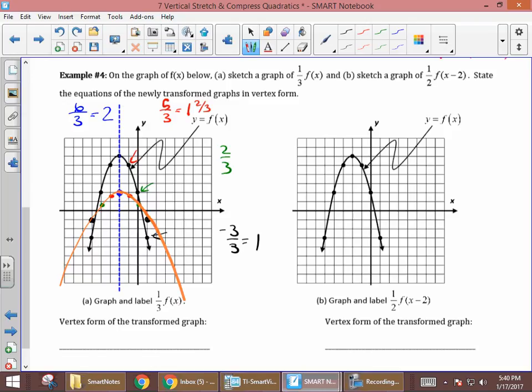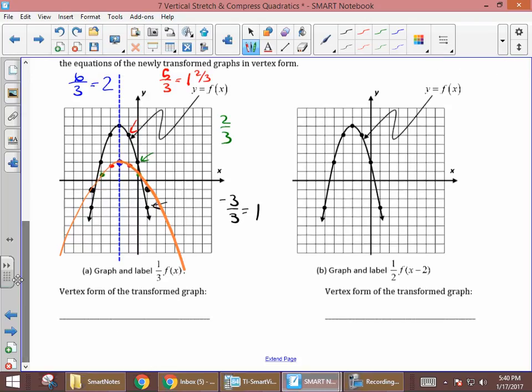All right, now it says what is the vertex form of the transformed graph? We would say y equals x plus 2 squared plus 2, because the vertex is at -2, 2.